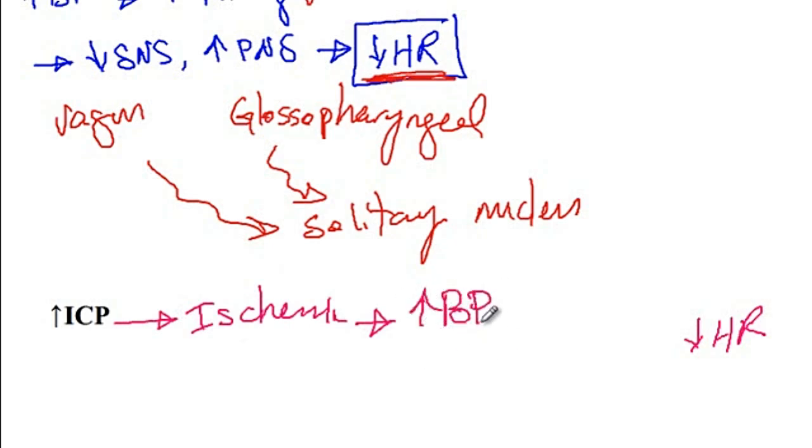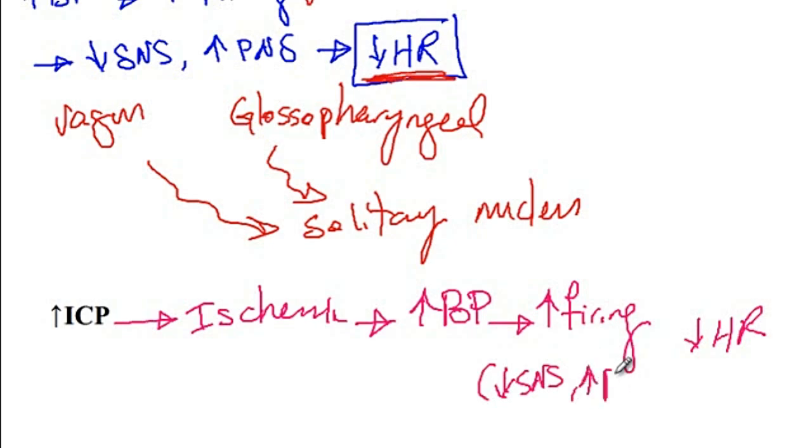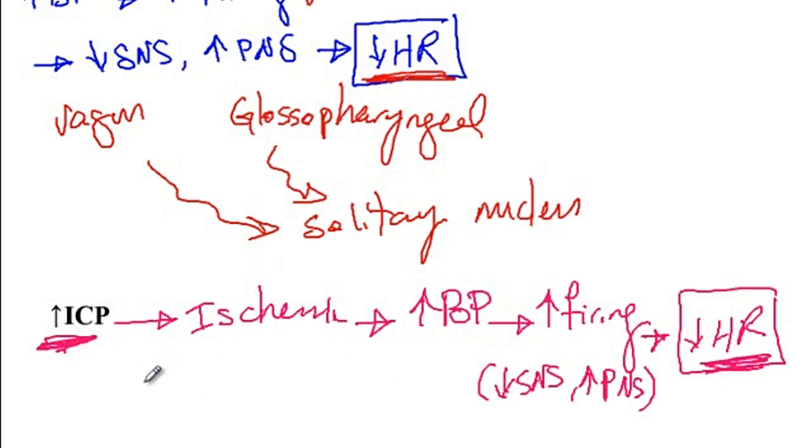With increased blood pressure, there would be more activation of the baroreceptors and thus more firing from baroreceptors. And as we discussed earlier, more firing causes decreased SNS activity but increased parasympathetic nervous system activity, as a consequence of which the heart rate will decrease. So elevated intracranial pressure will lead to bradycardia, and this entire reaction is referred to as Cushing's reaction.